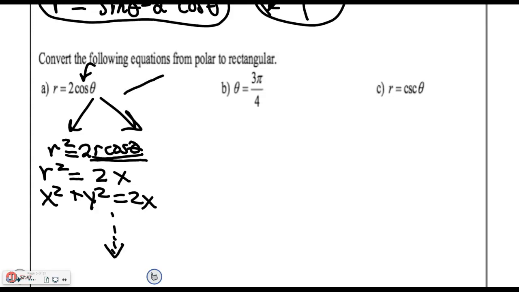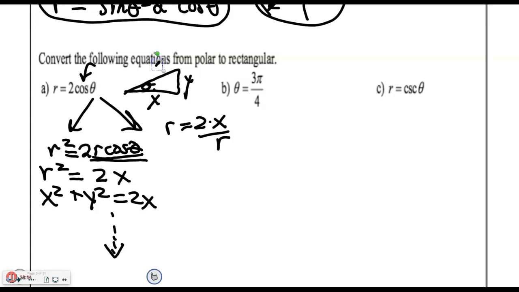Or you could go like this and think of this guy. And you could say, well, here's how this is laid out. That's my theta, this is my r, this is my x, and this is my y. And he could go like this. Well, r equals 2 times cosine, which is adjacent over hypotenuse.